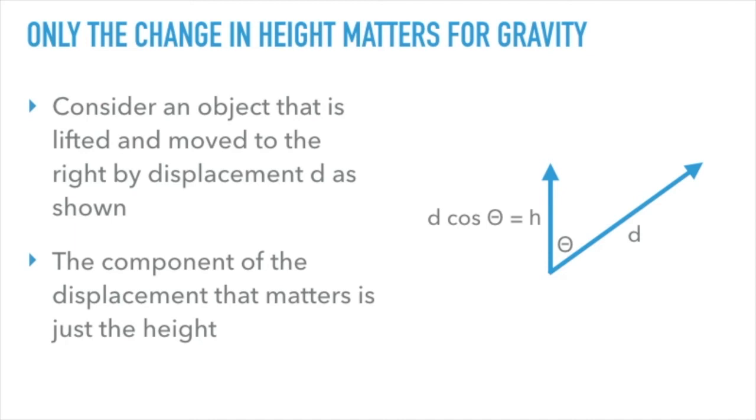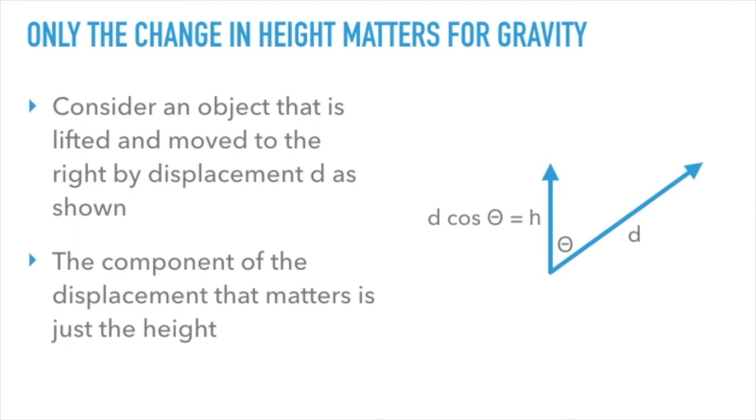So here's the simplest geometric proof that you could ever do. If we start with an object here, and we raise it but also move it to the right, then the component that matters is just the height. So my displacement vector looks like this.